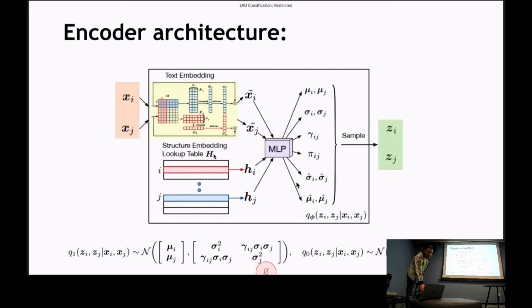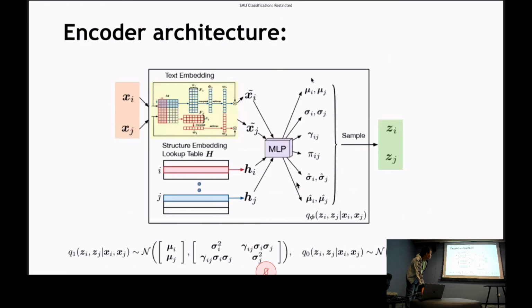So basically here, the author will try to concatenate the textual information of a node to its structural embedding. They concatenate it and give it to a multi-layer perceptron, which is just a neural network. And these neural networks will give back the output as a distribution.